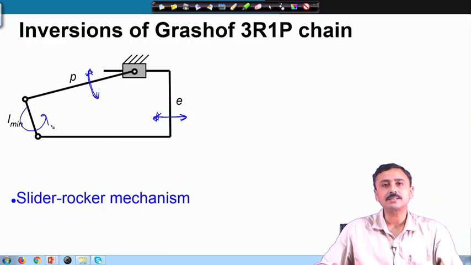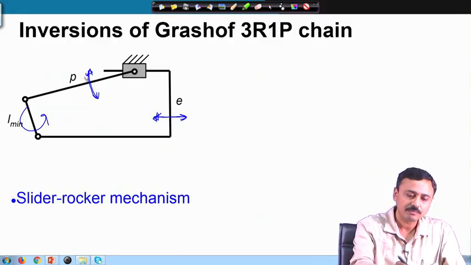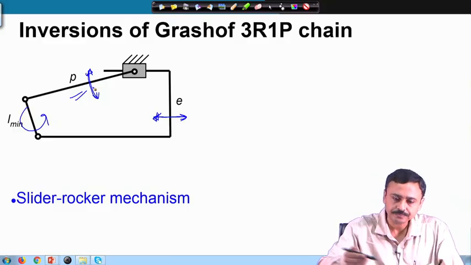This is a slider rocker mechanism. The link that is connected to the ground, which has the length p, can only rock. This is a slider rocker mechanism.